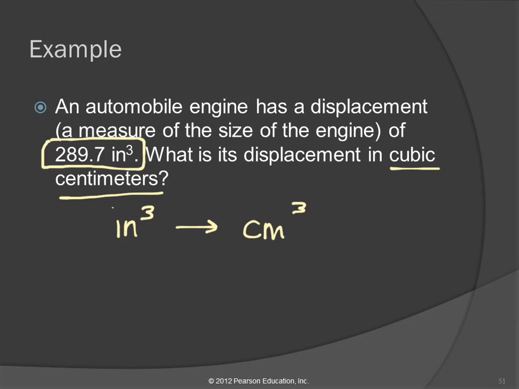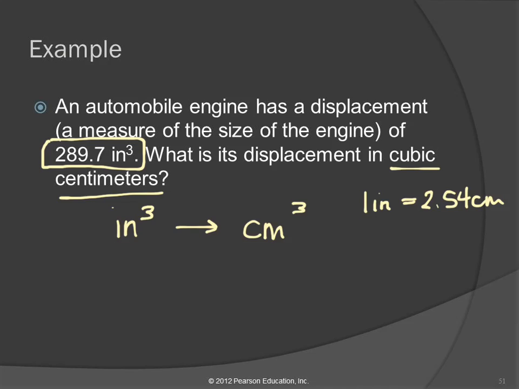Now, in terms of figuring out conversion factors, just ignore the power at the beginning. Ignore that. It's not there. It's inches and centimeters. Do we know a relationship between inches and centimeters? Yeah. 1 inch equals 2.54 centimeters.